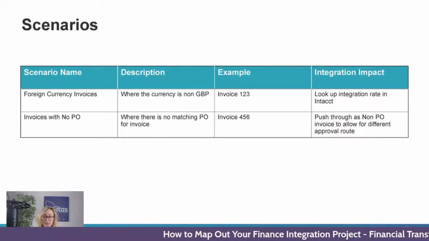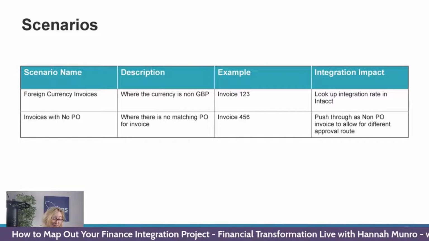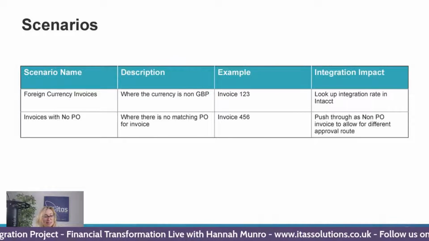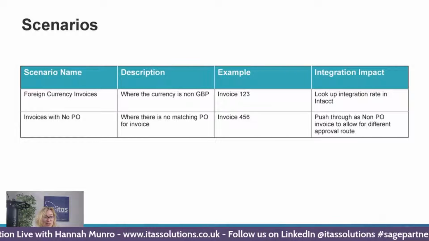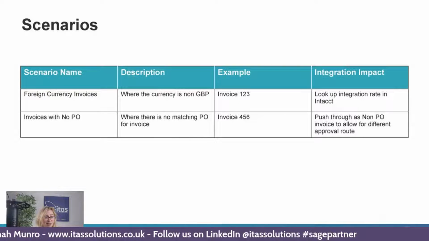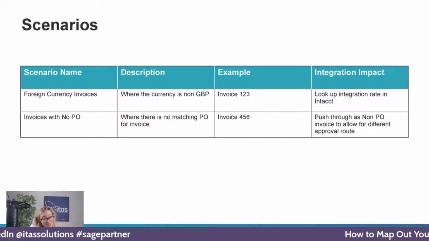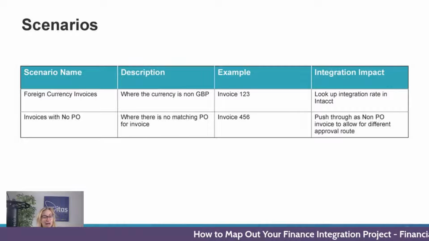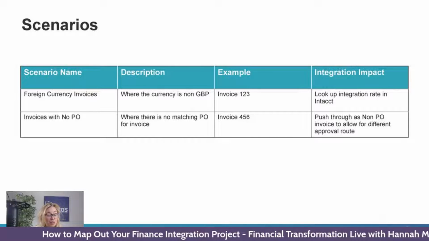So for instance, for customers on credit, it might be that you have to call to the finance system to check the credit limit before you allow them to place an invoice or an order. And again, you might say, actually, the way we deal with that is that we surface the credit limit in the CRM so that they can see it and have that conversation as part of their due diligence call with the customer. So, all of these things have impacts on how you build the integration and, more importantly, what data you share between the two systems.